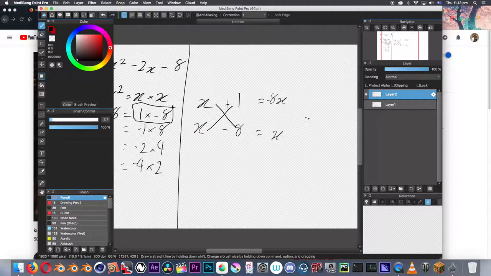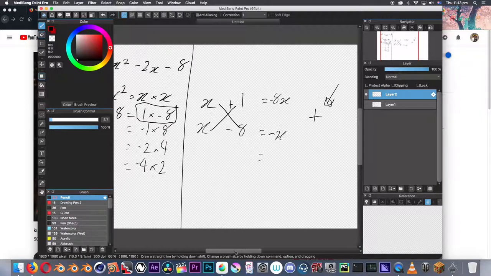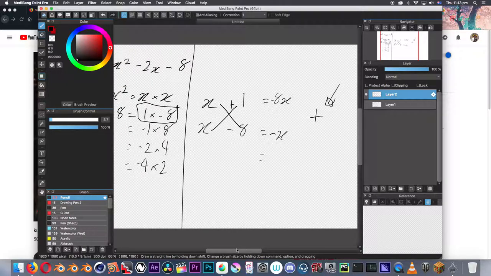Then we have to add. It's always an add. So this is -8x plus x, and it equals -7x.